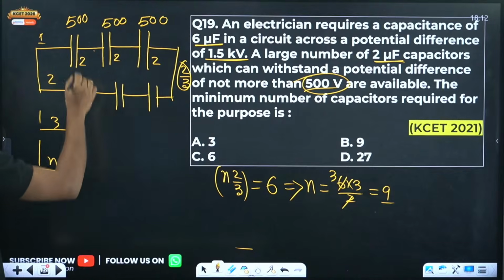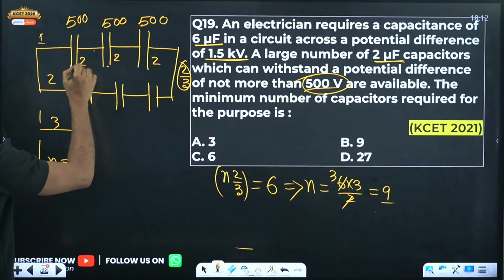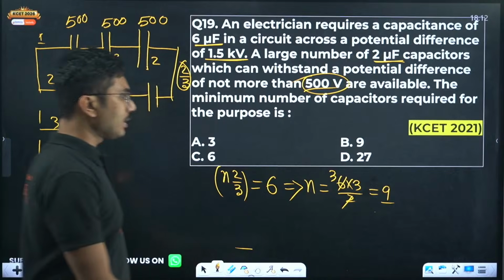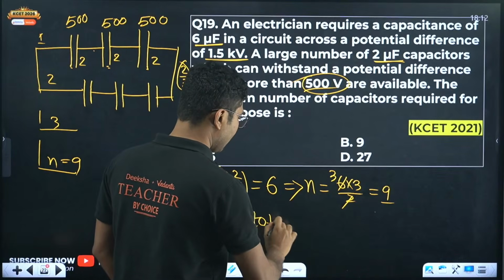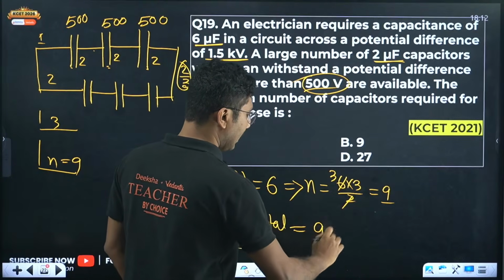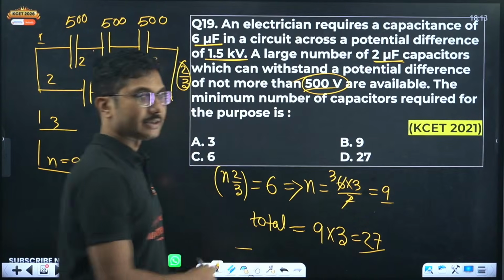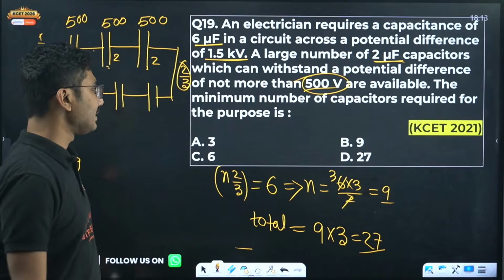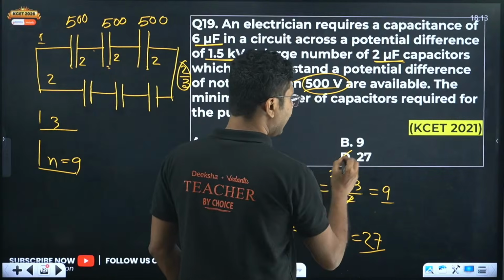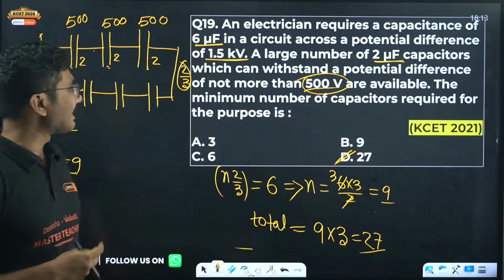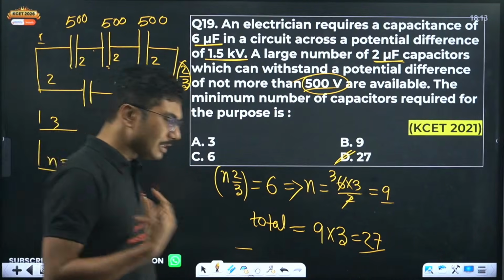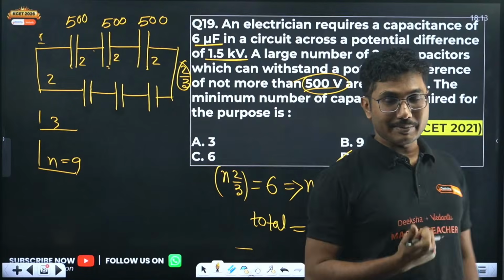Each row has how many capacitors? 1, 2, 3. So the total number of capacitors must be 9 into 3, that is 27. It is not 3 capacitors, not 5, not 6. It will be 27 capacitors. Very interesting design problem. A similar question came in the COMEDK exam as well.